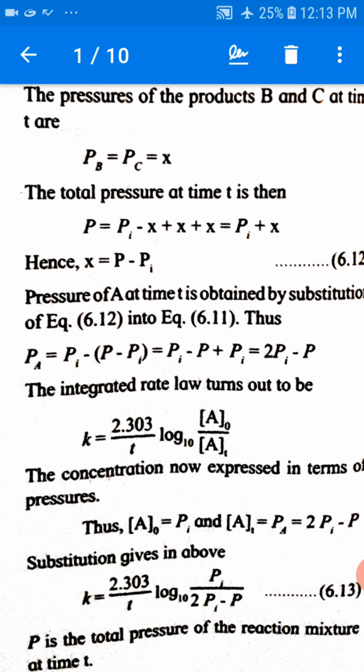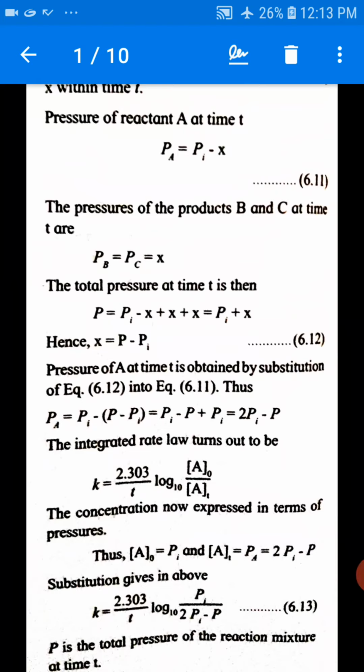Here we use the concentration term for reactions in aqueous state, and in this case we use pressure for the reactions which are present in gaseous state.